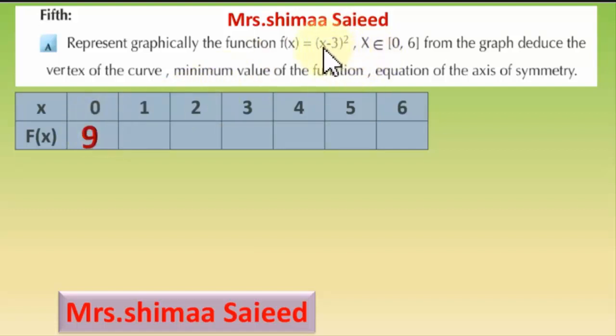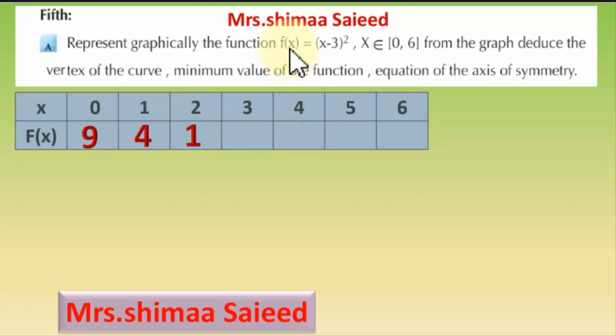When x equals 1, f of x equals (1 minus 3), which is negative 2, squared equals 4. When x equals 2, f of x equals (2 minus 3) equals negative 1, squared equals 1.